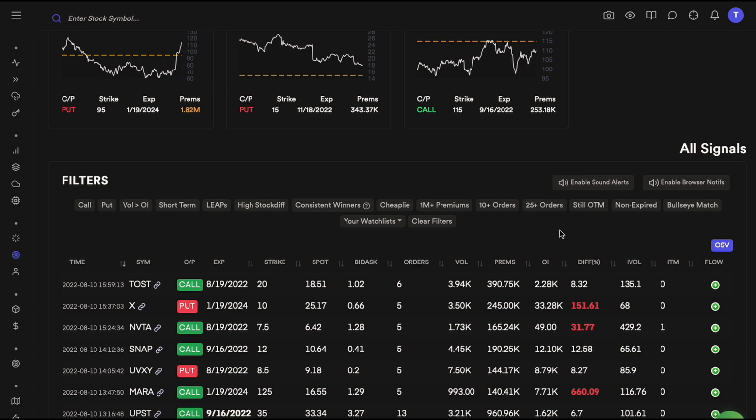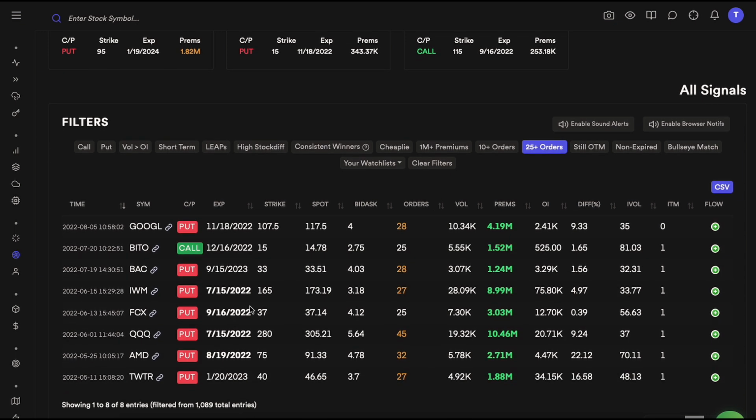One thing I'd like to focus on here is the 10 plus and 25 plus orders. Let's filter for the 25 plus orders. We haven't seen many of these in the last 2 or 3 months, and that's not consistent with a bull market. In a bull market, you will see these very consistently, at least 2 or 3 every single week.